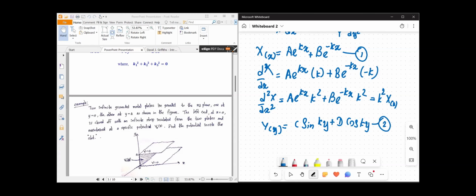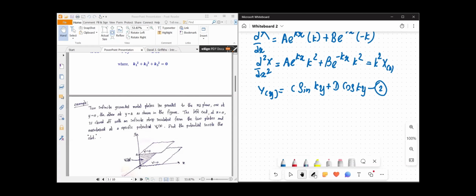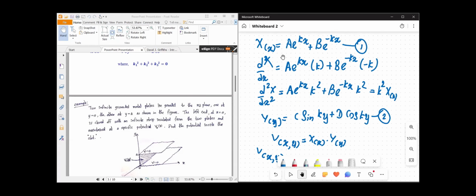Then we can write the solution. We considered the potential to be a product of these two functions. Potential of x and y is equal to X of x times Y of y. So the potential now is equal to, here we have the function of x, and here we have the function of y.